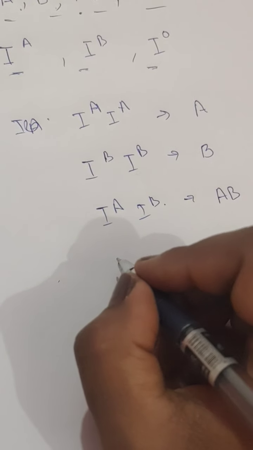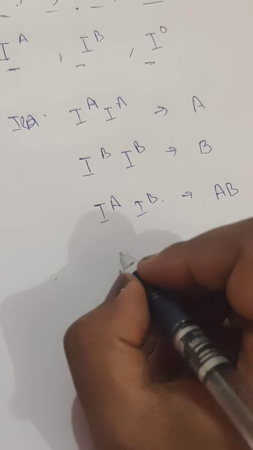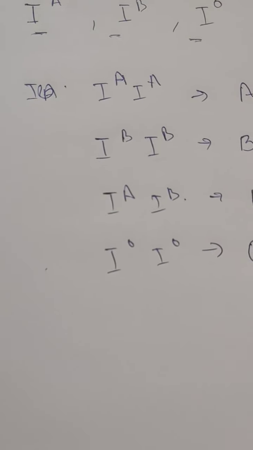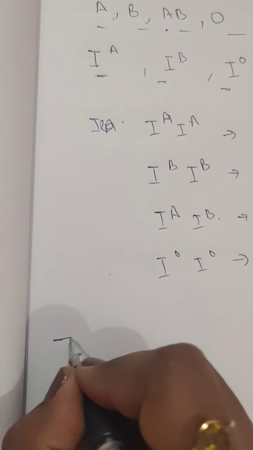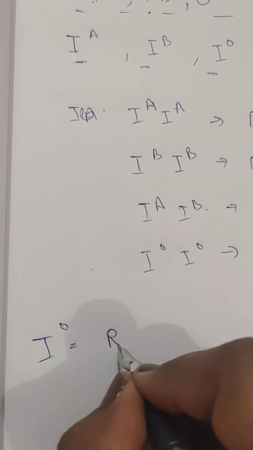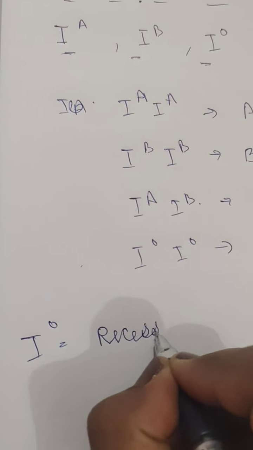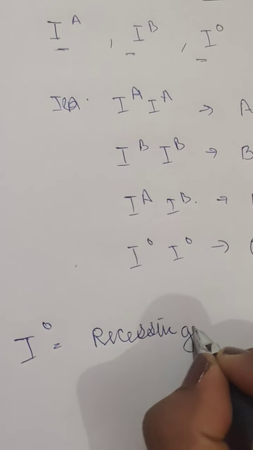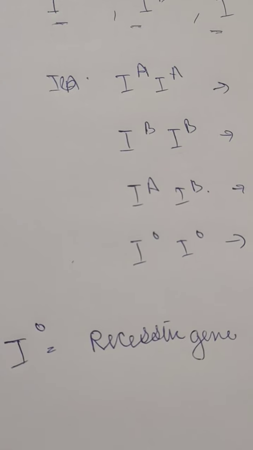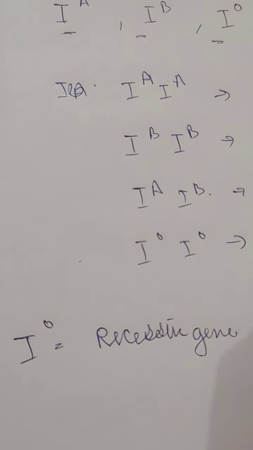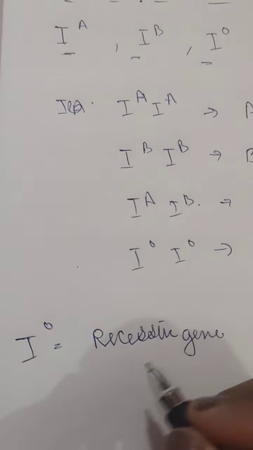But if the genotype is IO and IO only, then the blood group will be O. I gave you a question a few days back that IO is a recessive gene and IA and IB don't show any dominance over each other, that means they are co-dominant.